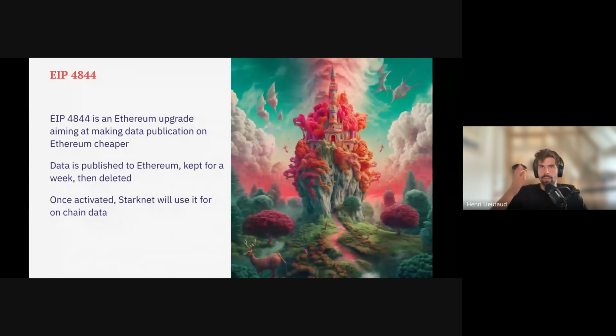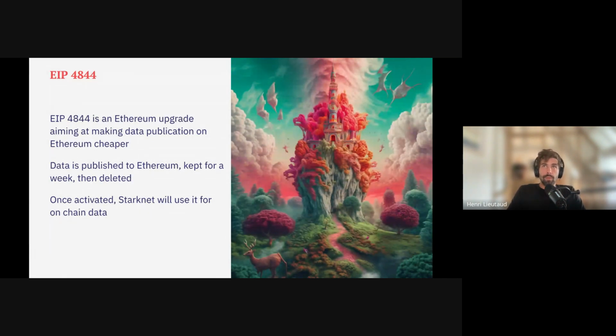So the data availability problem I just explained is not something that is unique to Starknet. It's something that affects optimistic rollups and ZK rollups in general. So Ethereum is in the process of adding a feature through EIP-4844, which makes it possible for anyone to publish data on Ethereum that is provably kept by nodes for a week and provably accessible by any member of the network for a week, and then it is not mandatory to keep for all nodes.